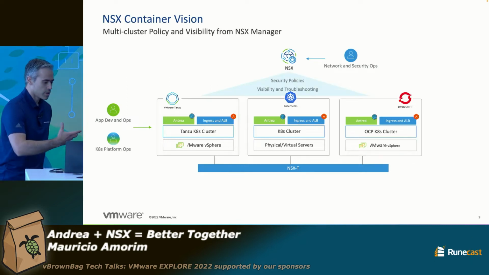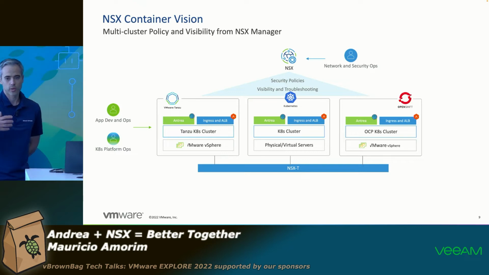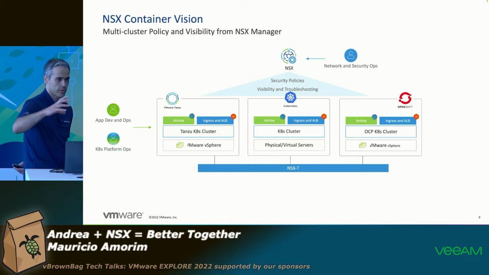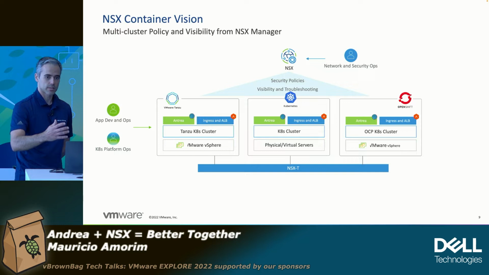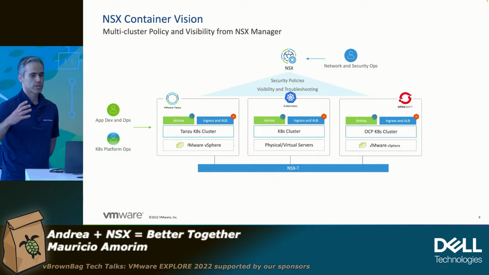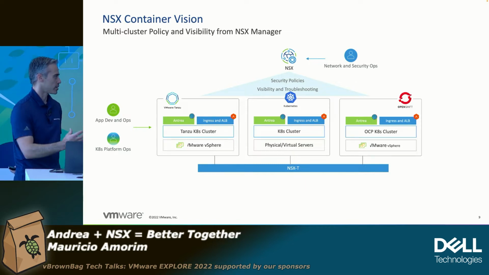And the CNIs in the Kubernetes clusters will have a different networking and policy view. In NSX-T, for the VMs, it will have a different view. So if we can bring a single pane of glass view for both networking and policy, this is what the integration of Antrea with NSX can bring us.